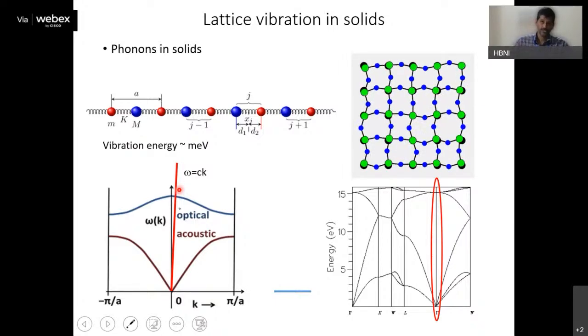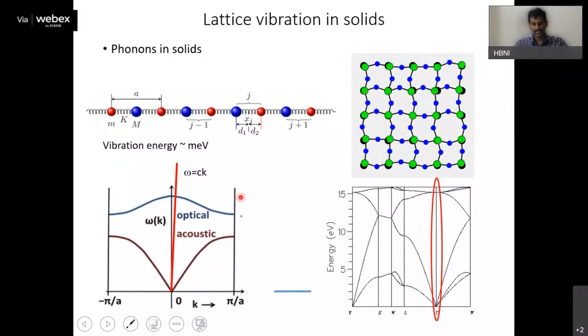But what if your system is not crystalline? In that case, the Brillouin zone is not defined, and then we have a phonon density of states. Approximately, one can construct it by integrating along this axis. You have a very sharp peak somewhere here, then another sharp peak, and then it gradually decreases.